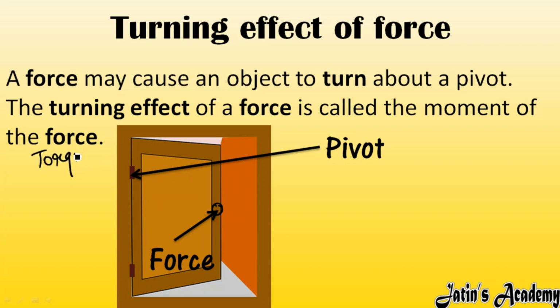Turning effect of force is the first name, moment of force the second name, and the third name is torque, for the same thing. When we apply force to any object and that object starts rotating or turning about a fixed point, that is also known as torque, and we are going to represent the torque by the symbol tau.